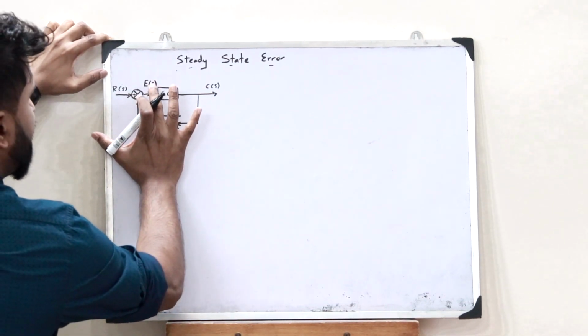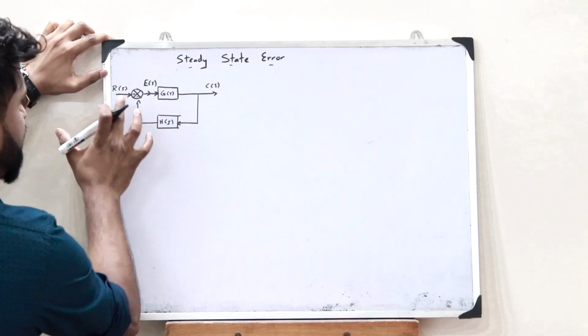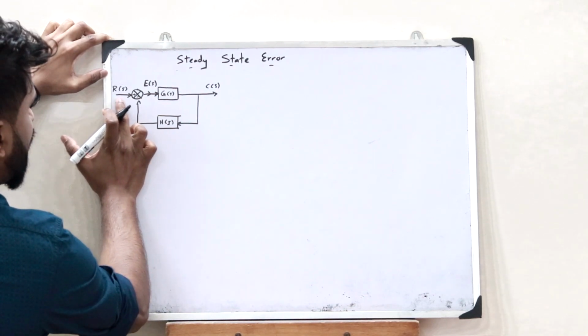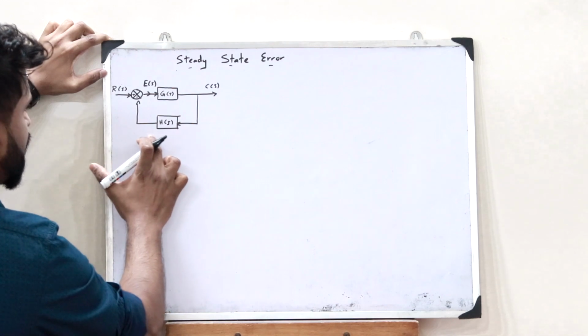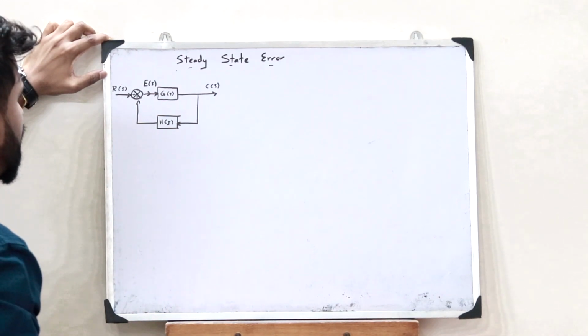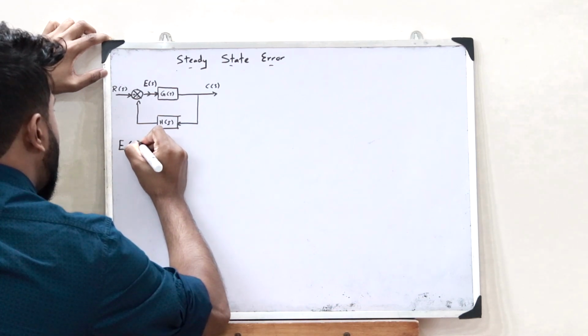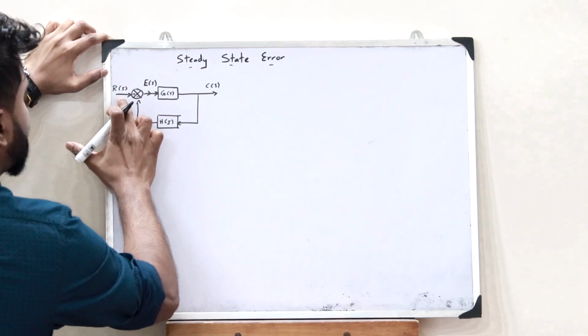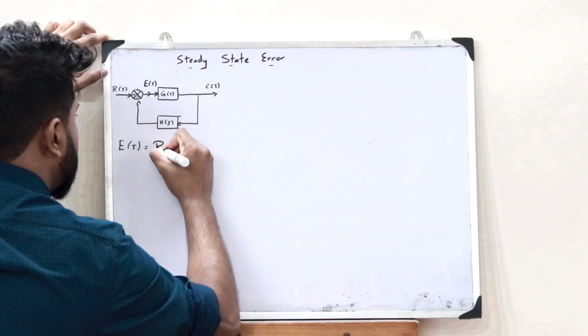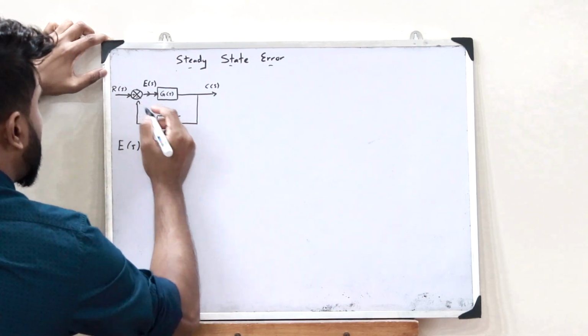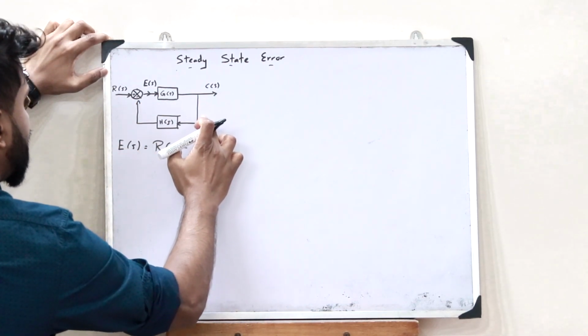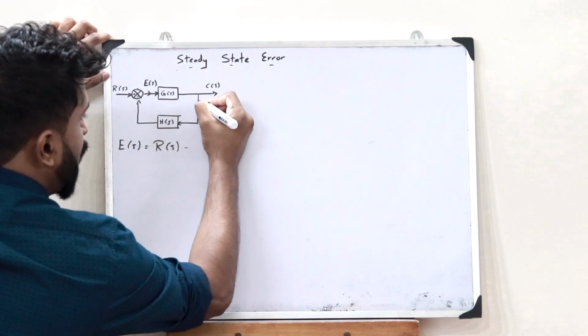This error signal E of S is obtained as the difference between the signal R of S and whatever comes as negative feedback. So let us write that down. E of S is equal to R of S, the input signal, subtracted by whatever comes out here.